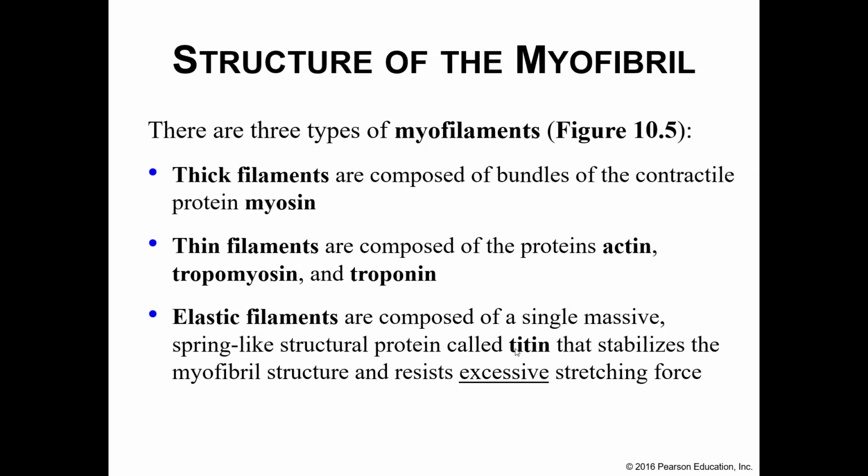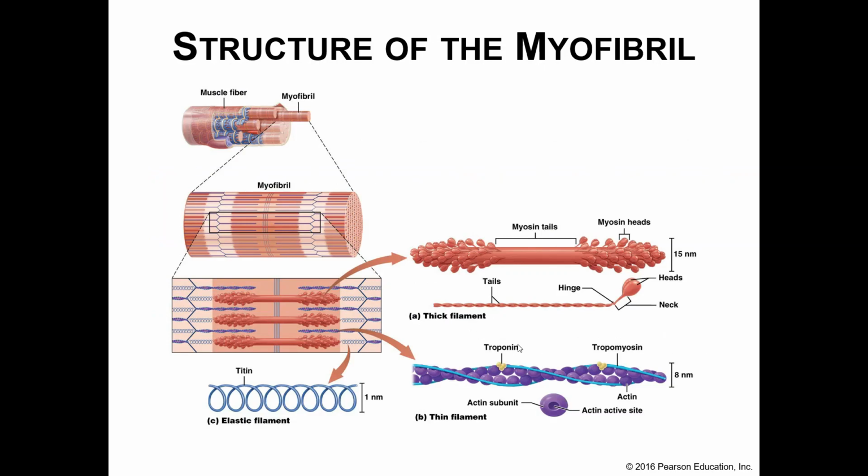Titin helps prevent that. So this is what it all looks like. This upper part of the image should look familiar. This middle part maybe looks a little familiar. This is what we're going to focus on now. Muscle fibers are composed of myofibrils.